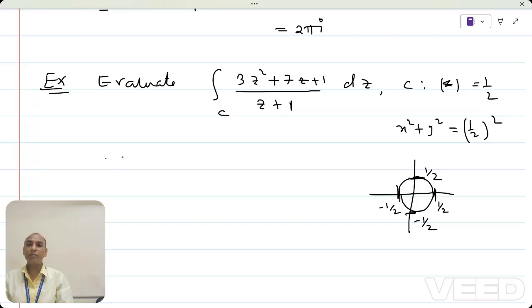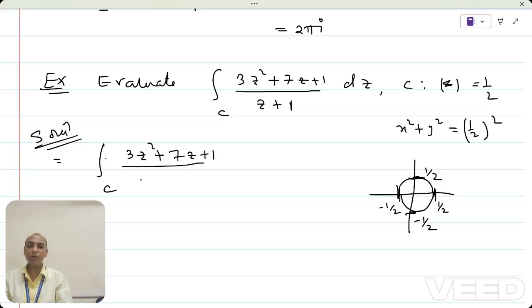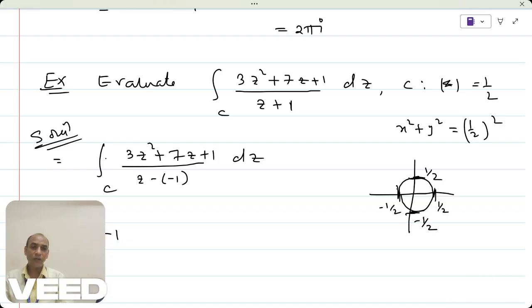We can write it in this way: integration over C of 3z square plus 7z plus 1 divided by z plus 1, which can be written as z minus of minus 1, dz. So you see here a is equal to minus 1. Now I will check whether minus 1 is lying inside C. Minus 1 will be more than this, less than minus half, so it is outside the circle.